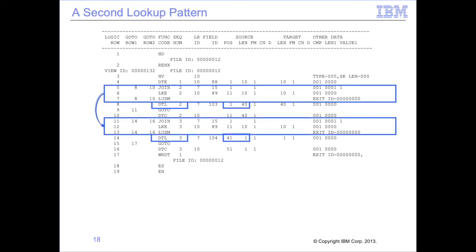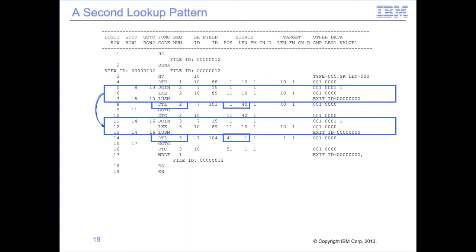Lookup paths are often reused within views, which means lookup logic is often repeated. Our view requires two lookups, one for the customer email address for column 2, and a second for the customer gender code in column 3. After the first lookup, the logic table then contains very similar logic for the second lookup.